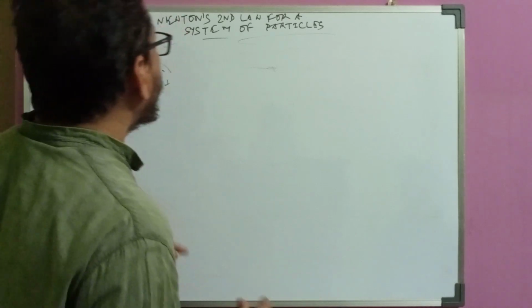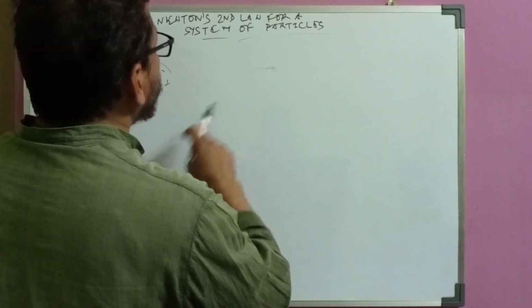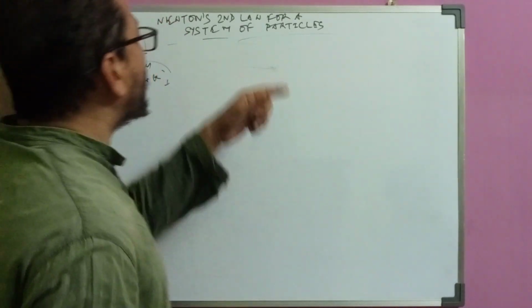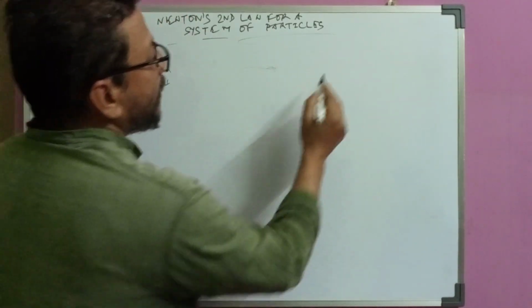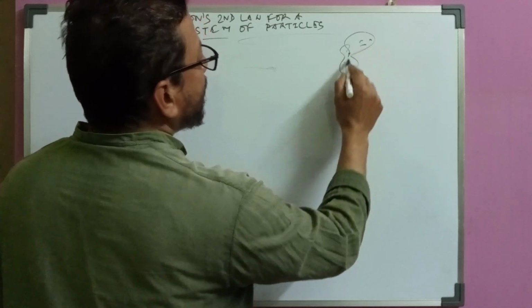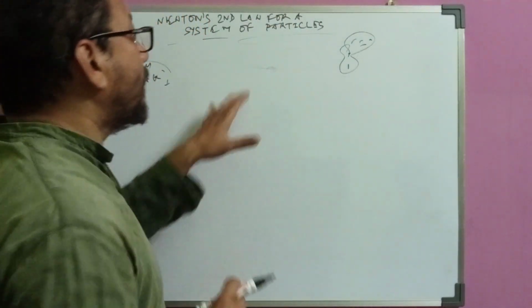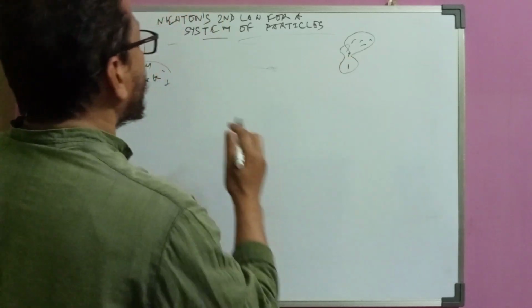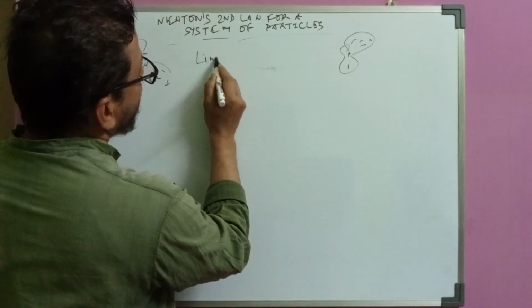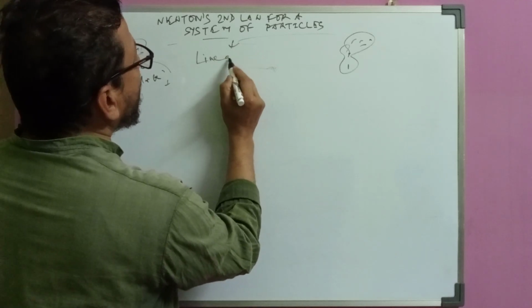So now from here, we will do the linear momentum for that system of particles. If it moves this way, we will get a linear momentum.